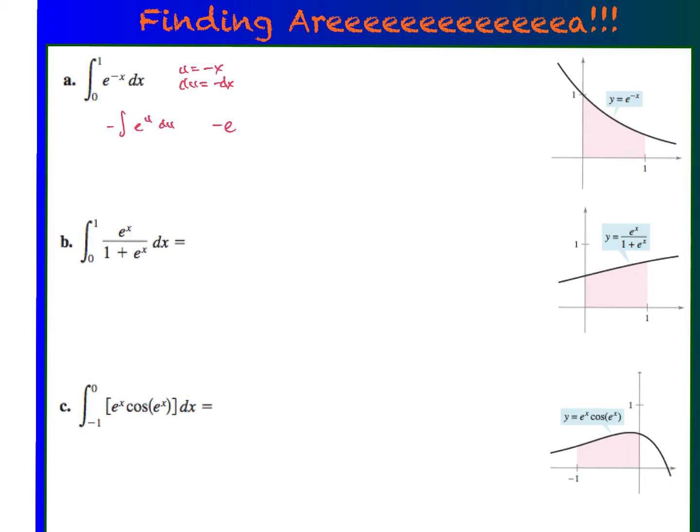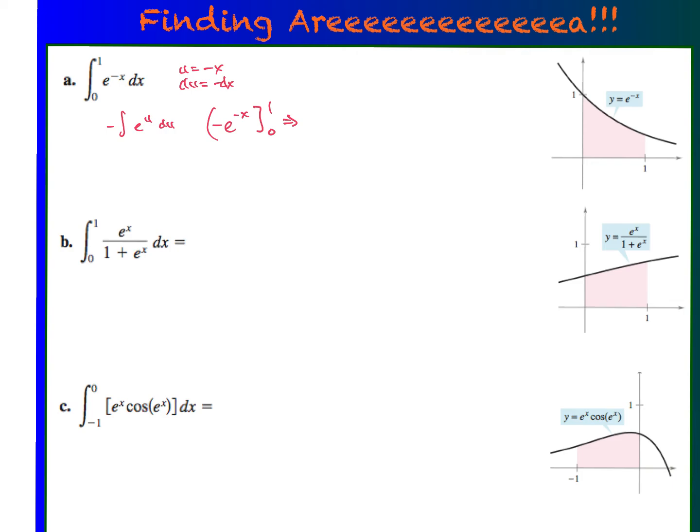Negative e to the negative x, and I'm going to go from 0 to 1. Now, I didn't change my limits on this one because I put it back in terms of x. You following me? I'm going to go both ways on this slide. All right. So now let's use our first fundamental.